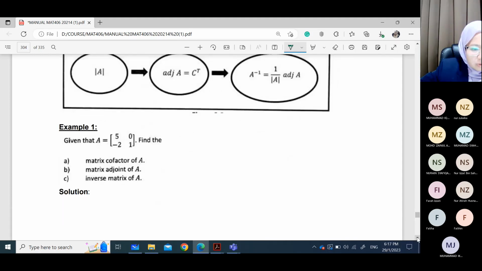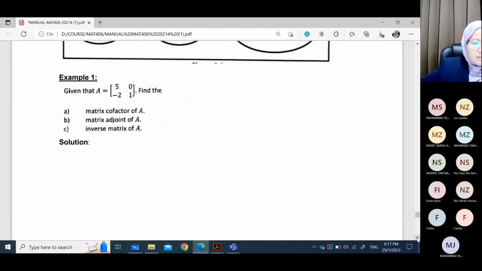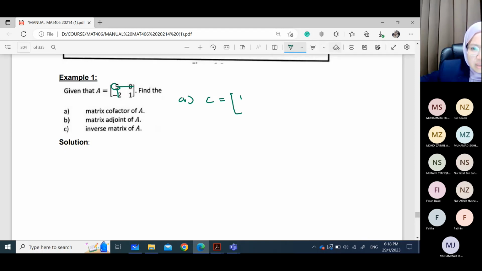Okay, so kita terus pergi cofactor yang macam saya sebut tadi lah. So matrix cofactor of A, untuk A ni jawapan dia adalah C, it is equivalent with 5, 1, okay. And then kalau you nak ambil yang second, which is C12, eliminate for first row and second column.